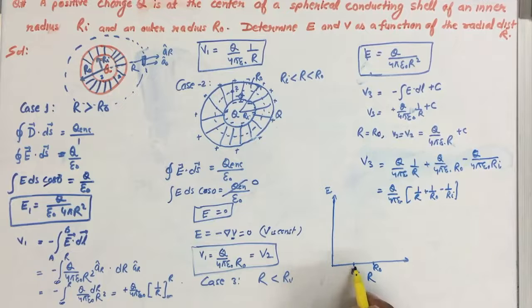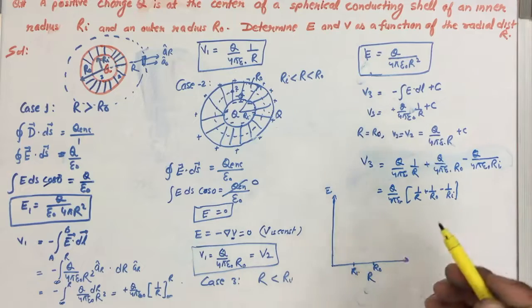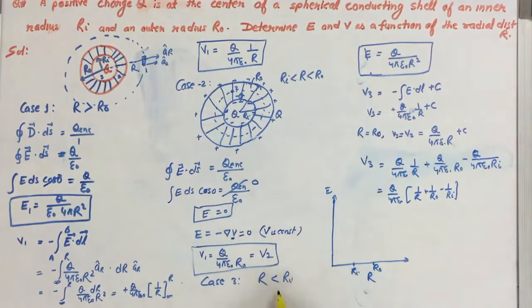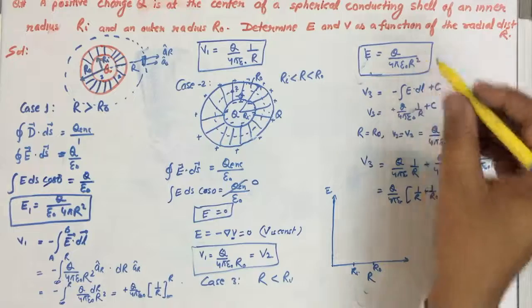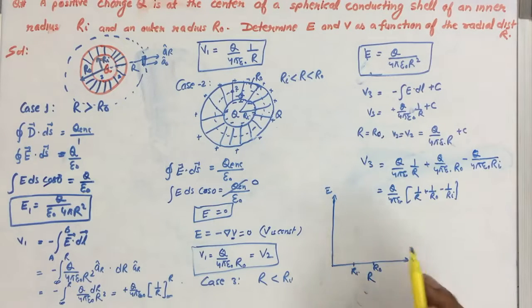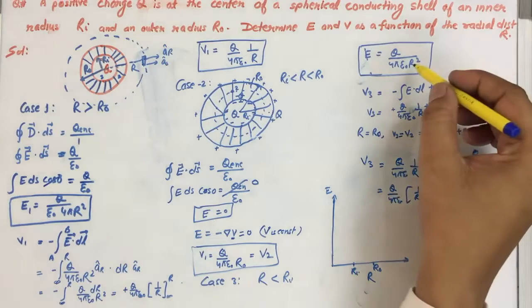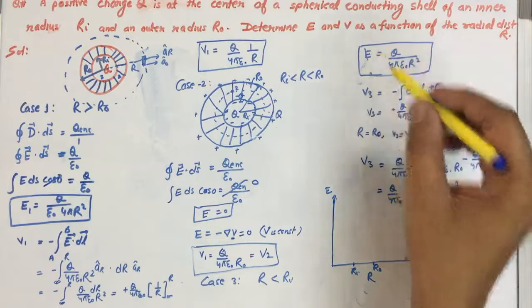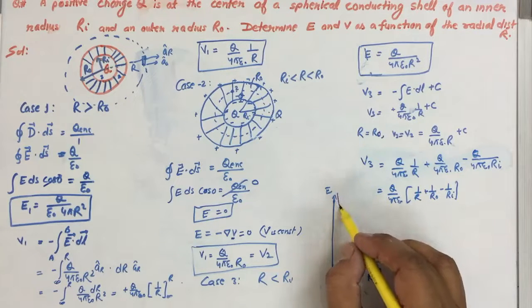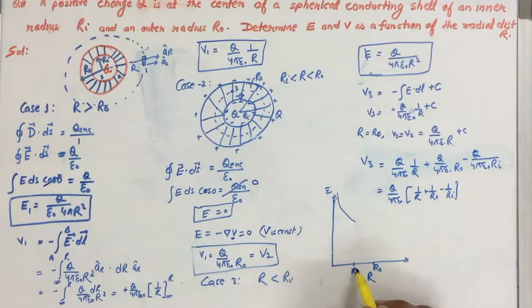When it is below ri, it is inversely proportional to radius square, and when the radius is 0, E becomes infinite. So it will follow somewhat like that up to ri, and when ri to r naught is there, meaning this region we are talking about, in that case E is equal to 0.